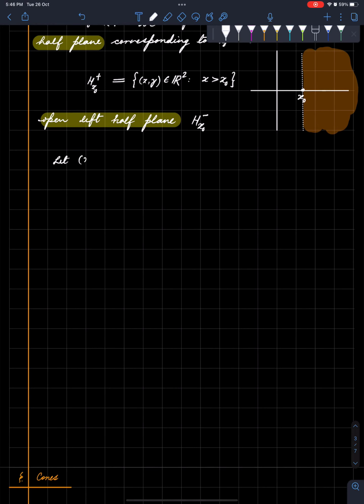So let (x naught, y naught) be arbitrary. Let me draw a picture. So let's say this is (x naught, y naught). And we want to define a right ray.